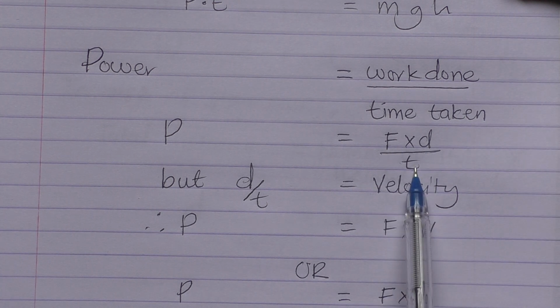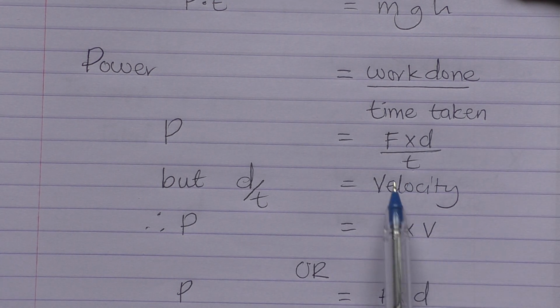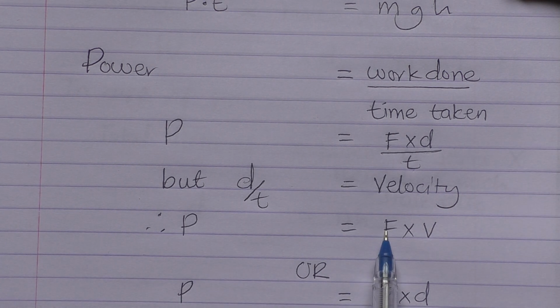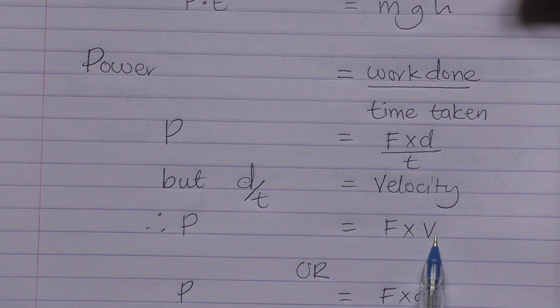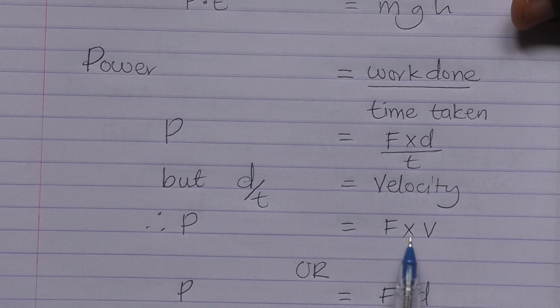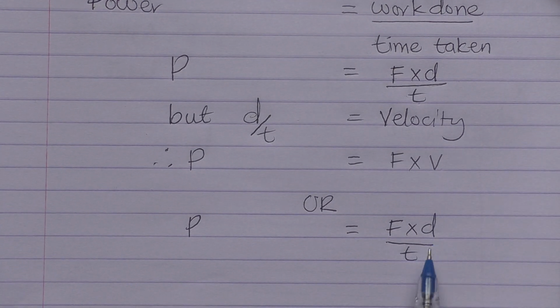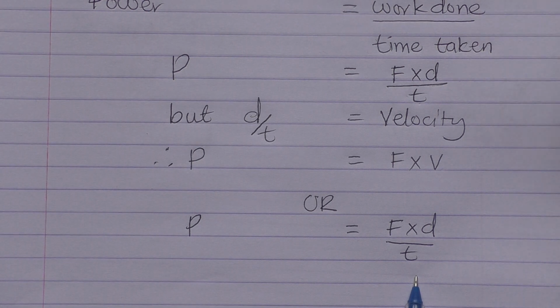So distance over time is the velocity times force, to give us power as force times velocity. So there are two formulas for power: force times velocity or force times distance over time.